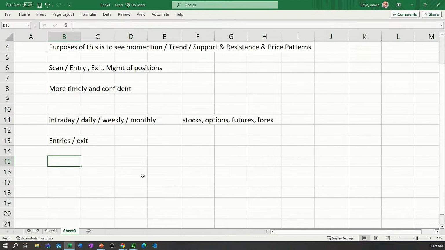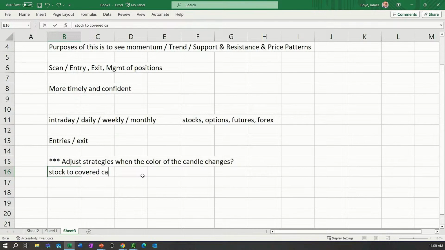And I want to repeat, this is a huge one. We're also trying to use this to adjust strategies when the color of the candle changes. Question mark. What that might be is maybe a stock to a covered call, okay? Or maybe a stock to a collar, okay? Something like that.